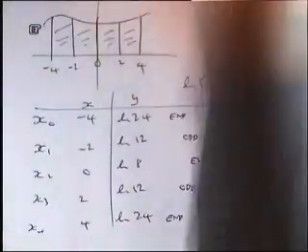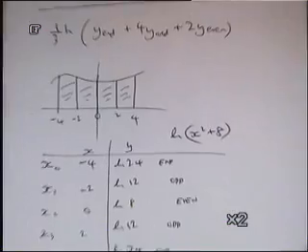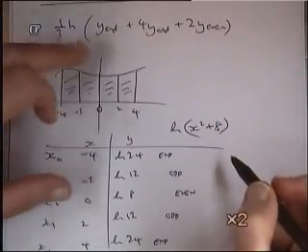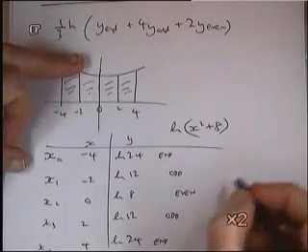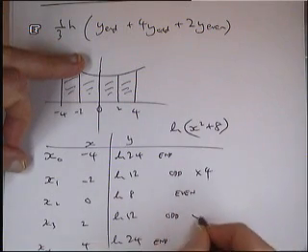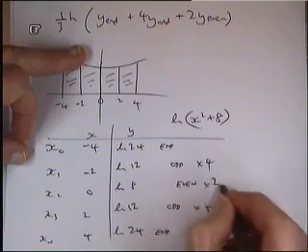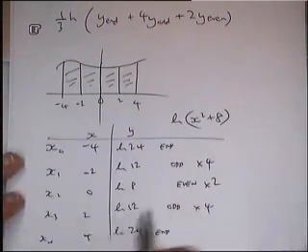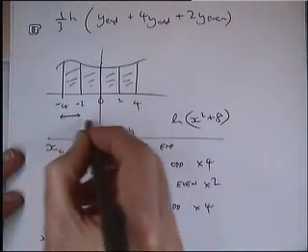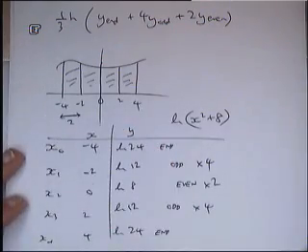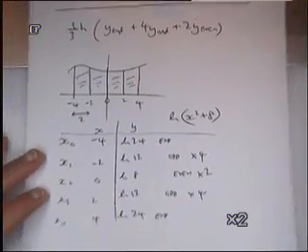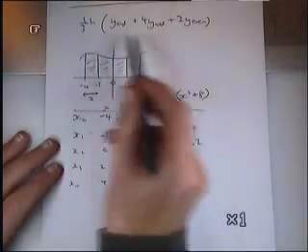So the formula I had up here for this rule is I need the ends plus 4 times by the odds, so that's got to be times by 4, that one's times by 4, 2 times by the evens, and then a third of h. And h is this gap here. These horizontal gaps are all 2. So at the top, this is what I'm now going to be working out.